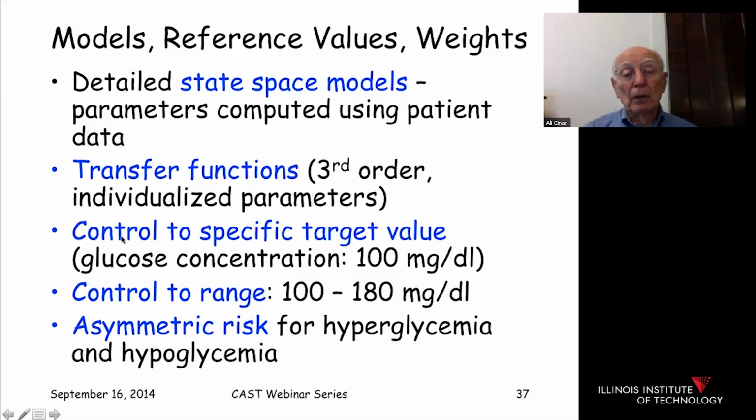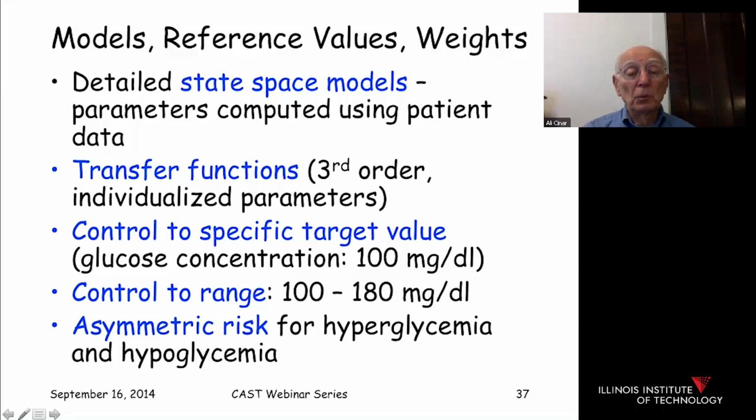Also, we should emphasize that control could be either to a specific target value or to a range by reasoning that as long as the concentration is limited to remain within a certain range, then there may not be a need for making too many interventions in the insulin infusion rate.